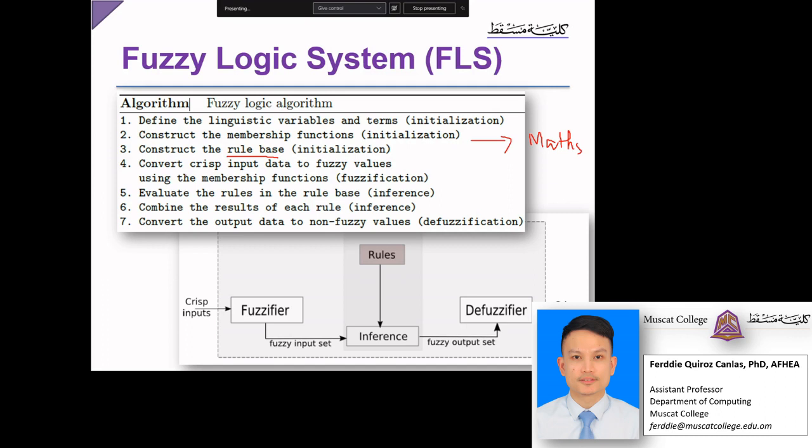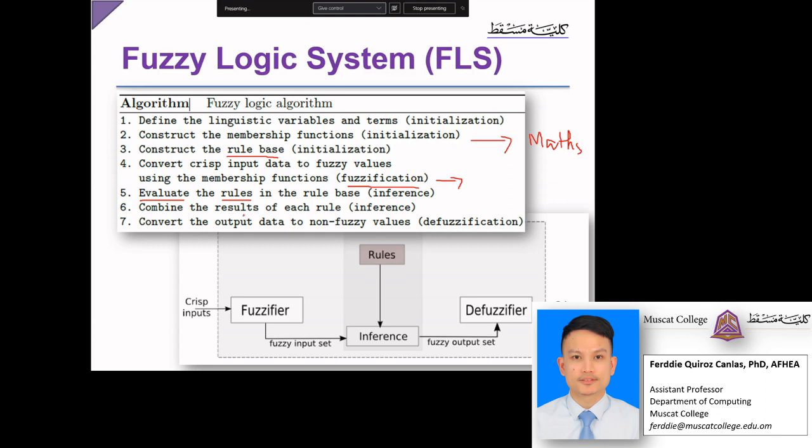Then after this, you have to convert your crisp input into fuzzy values. We call this process fuzzification. So we convert real life values into fuzzy values using the process we call fuzzification. And then based on the fuzzification values, you will evaluate them to see if they correspond to certain rules.